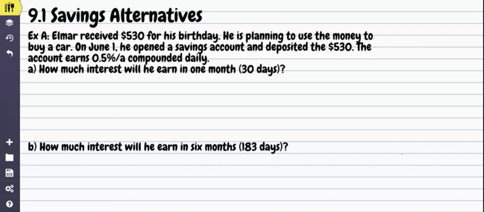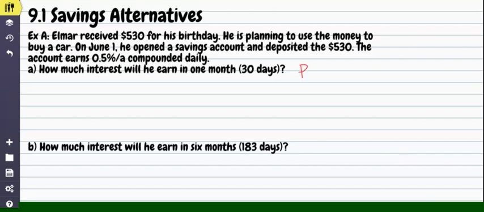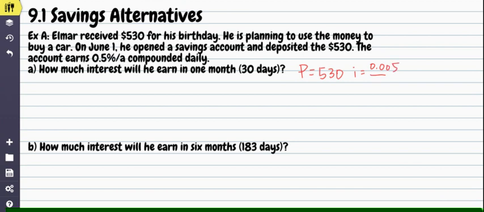Okay, so we're compounding. Compound interest. Our principal is going to be $530. That's how much he starts with. And he is earning an interest of 0.005. But it's compounded daily, so we're going to split into 365 pieces.